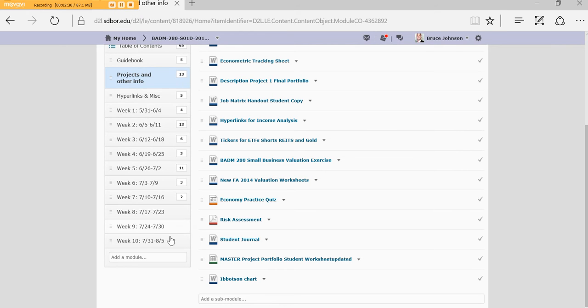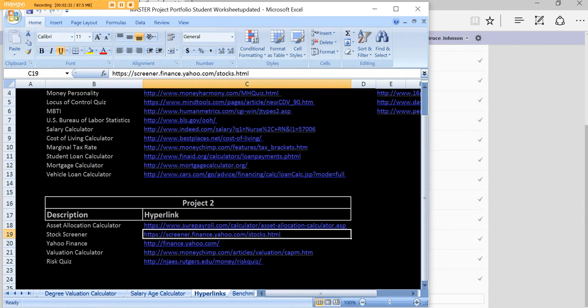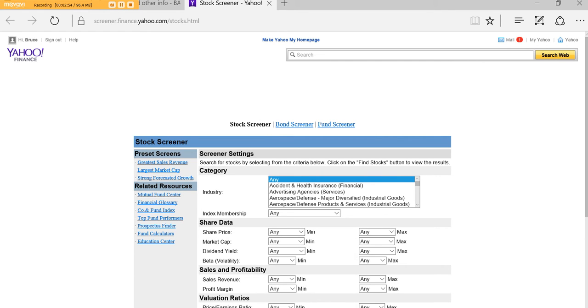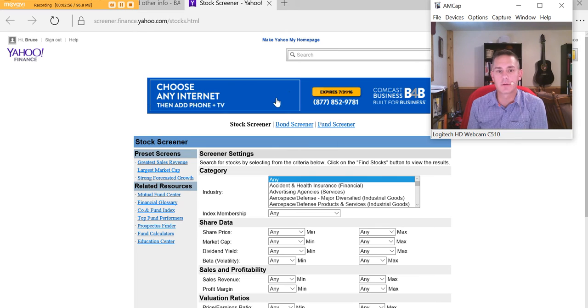So the next thing we'll do is go to that Excel spreadsheet, and in there are a bunch of different spreadsheets, or excuse me, websites that we're going to look at. The first I want you to pull up is this HTTPS stock screener. And this is what we're going to use to find the actual stocks.